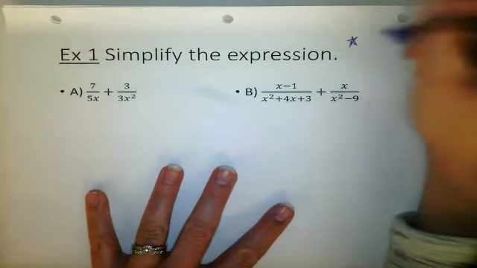What can I do with the 3x squared? What are those factors? Three times x times x. X squared is x times x. So I'm just writing them out. There are lots of shortcut ways to do this, but I like to write it out because it's easier to see what they have in common.